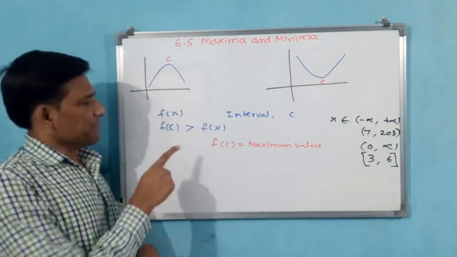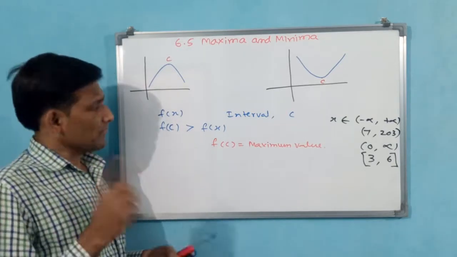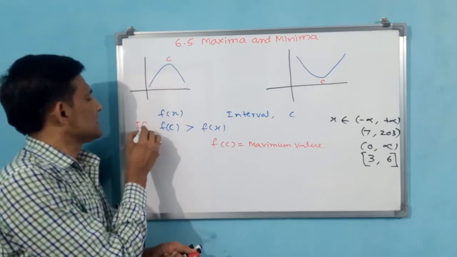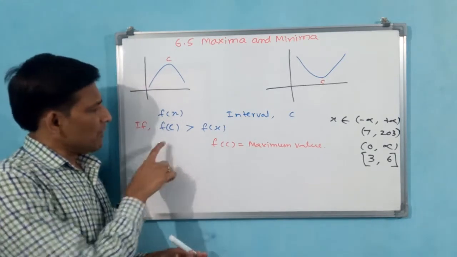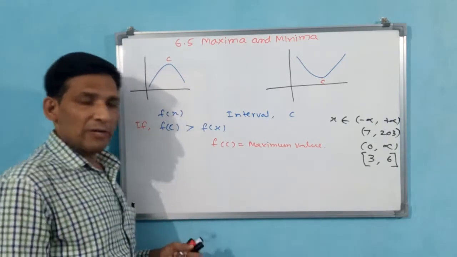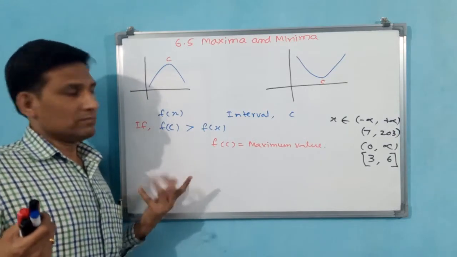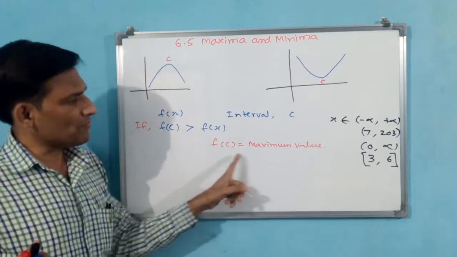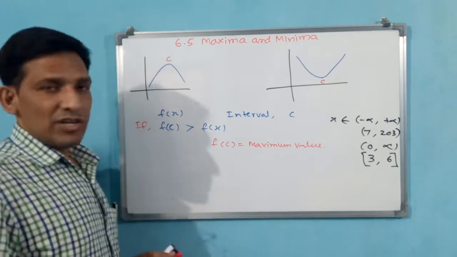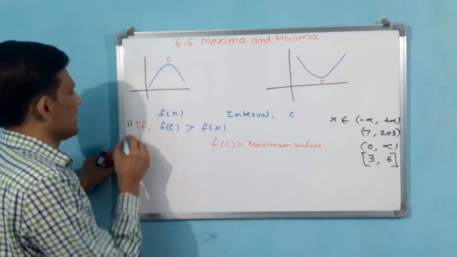At that point, if f of c is greater than f of x, then f of c is the maximum value. Normally greater means maximum. f of c is greater, that is why f of c is the maximum value. The same condition I am writing for the minimum value also. This is the first point.